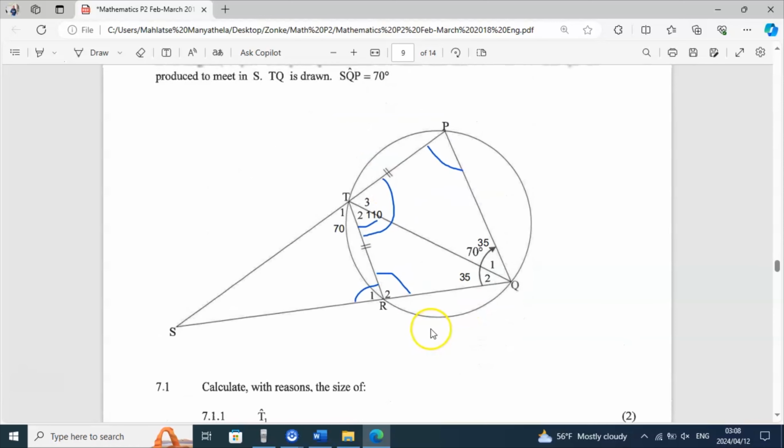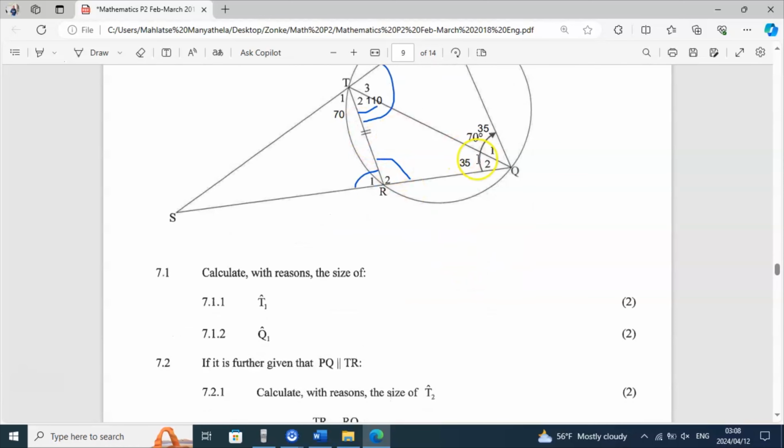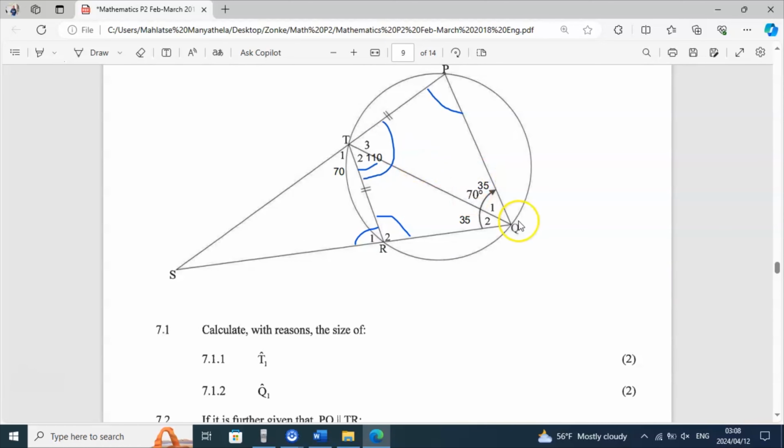The size of angle Q1: I've already explained that TQ bisects angle SQP, so angle Q1 will be equal to 35 degrees. Your reason could be either TQ bisects angle SQP, or you can say equal chords subtend equal angles.